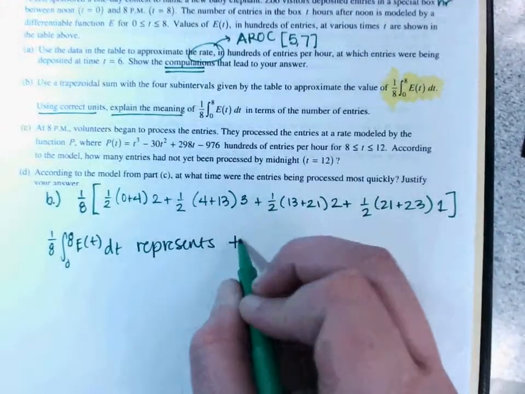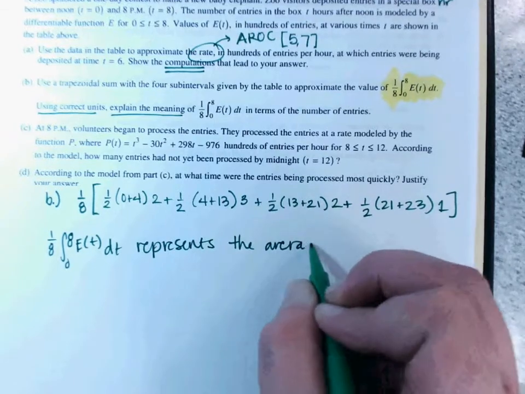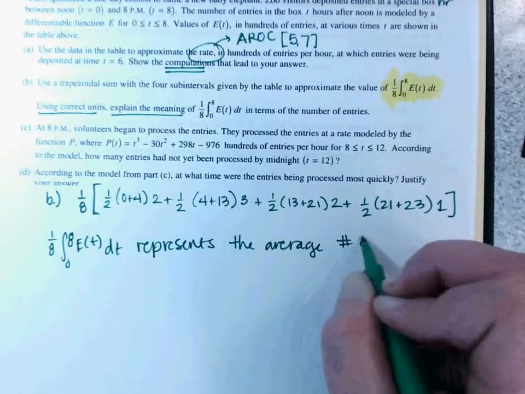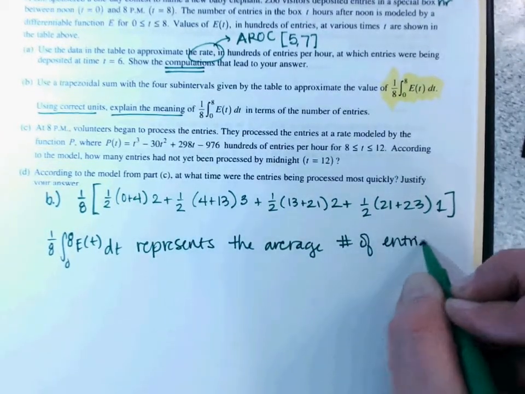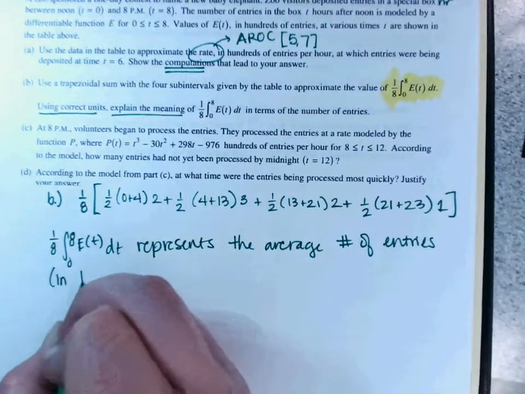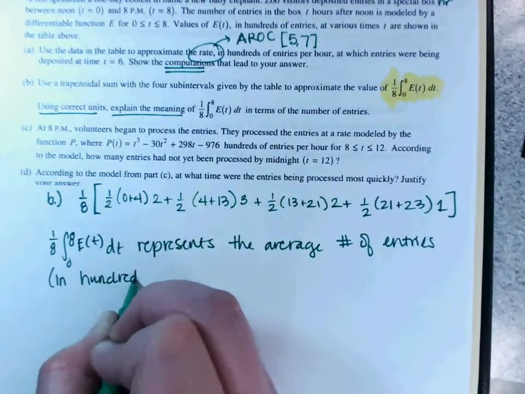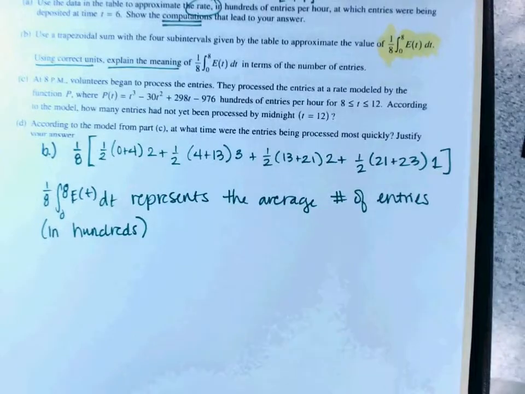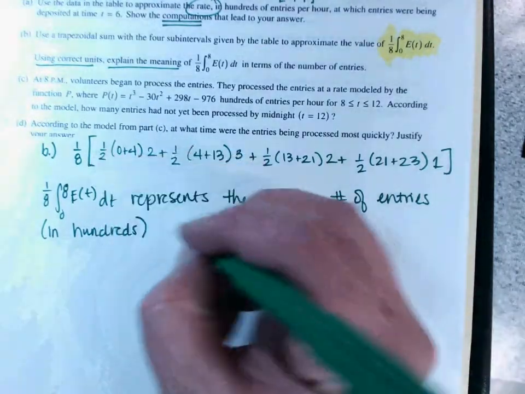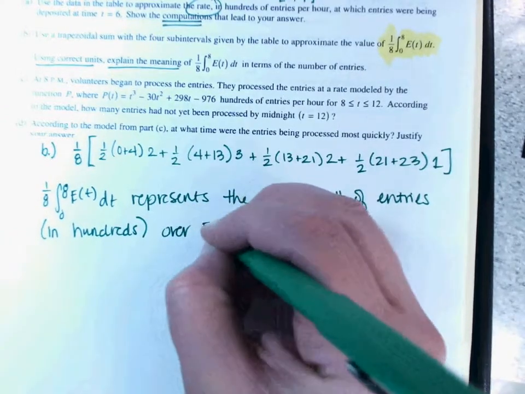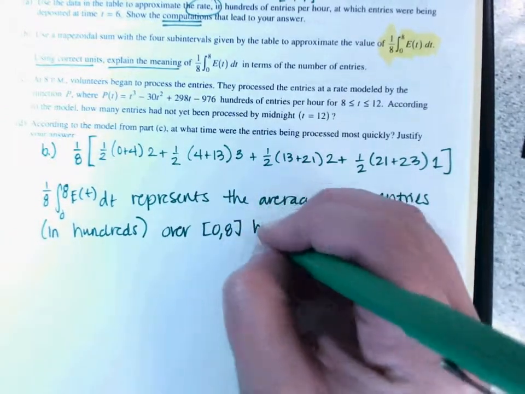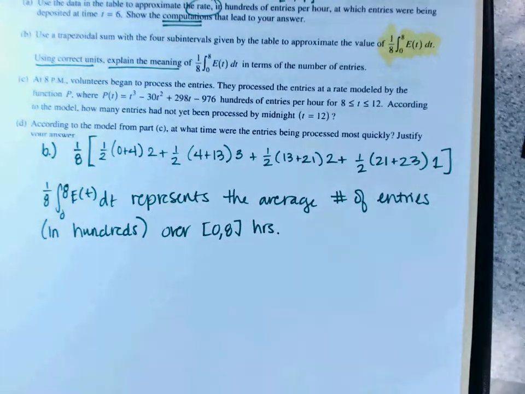So, the average number of entries, and then I'm going to put in hundreds just because since they're measuring it in hundreds, I don't want to leave that out. So it's the average number of entries in hundreds, okay, over the time period from 0 to 8 hours. Okay, or if you wanted to, you could have said from noon to 8 p.m. if you like that better, that's fine.